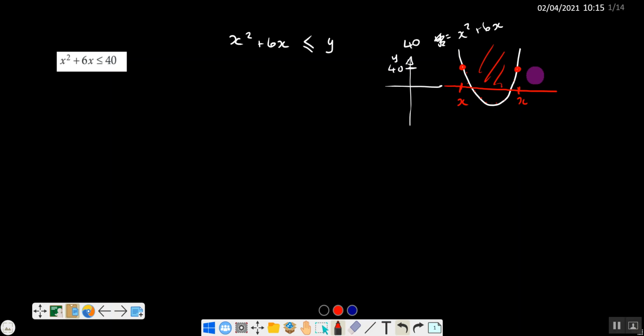Not just the line. So remember I was saying before, when we were talking regions, the title of the exercise was solving inequalities in 2 variables. When you've got x's and y's, you're dealing with regions, right? When you're dealing with only x's, 1 variable, then you're looking at just the line itself.